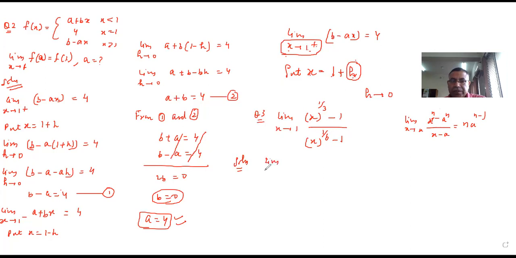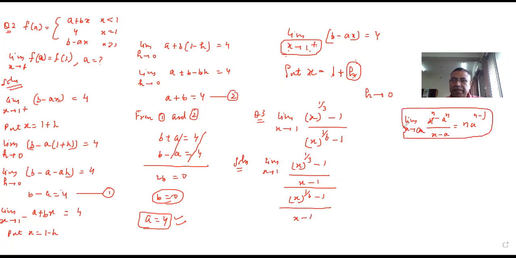So limit x tends to 1, x raised to power 1 by 3 minus 1 upon x minus 1, divided by x raised to power 1 by 6 minus 1 upon x minus 1. So I have divided the numerator and denominator of both expressions by x minus 1 so that I can apply this theorem of limits in the given function.